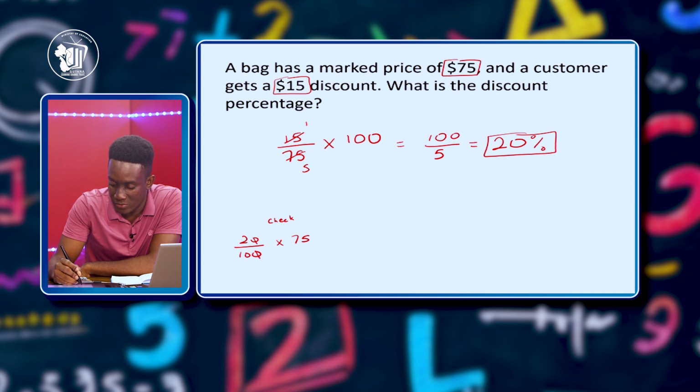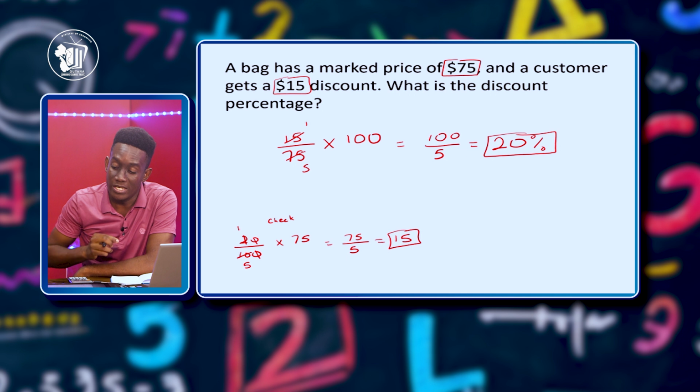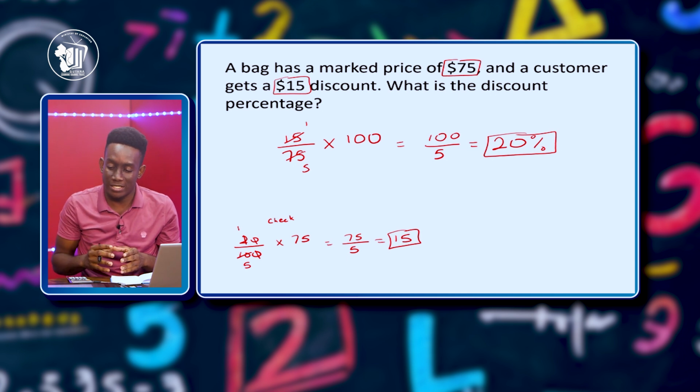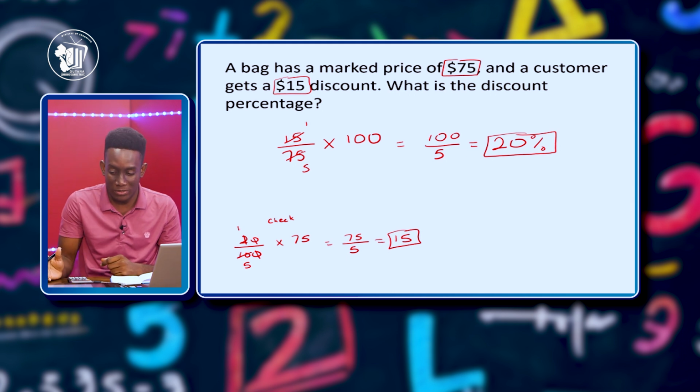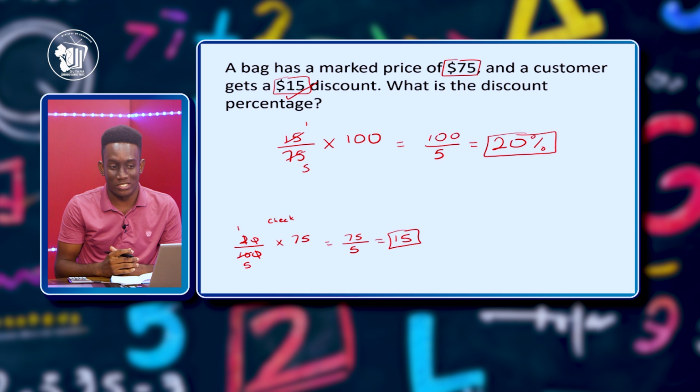This 0 cancels with that 0. 2 ones are 2, which would indeed give me $15. So indeed, the discount percentage would be 20%. We double checked our answer by finding 20% of the mark price, and when we work it out, we end up with the $15 that was the discount they got.